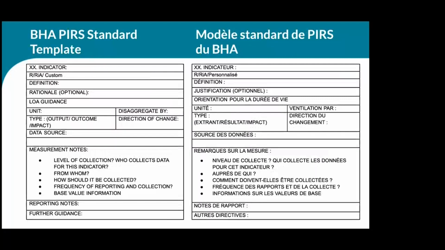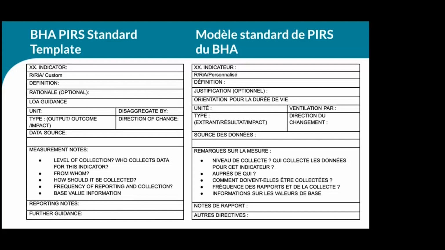So this is just an example of the standard template that we use at BHA, and this is how the indicator handbooks for both the baseline and endline indicators, as well as the monitoring indicators, are organized. And this is also the template that you'll need to use if you decide to develop any custom indicators.